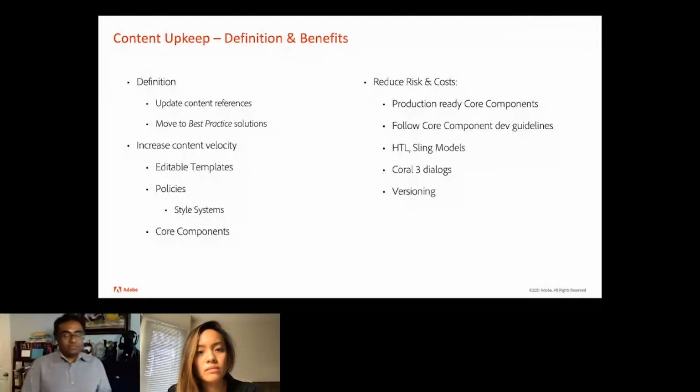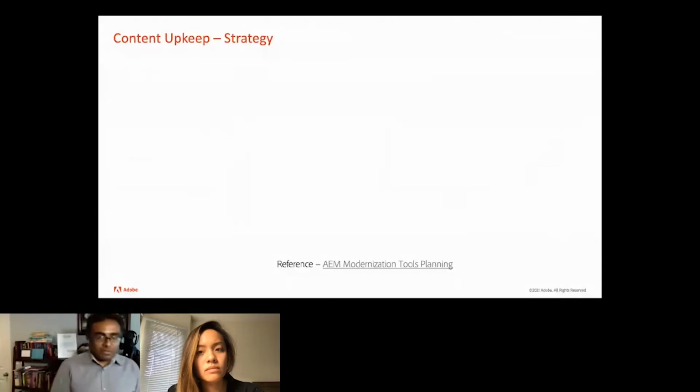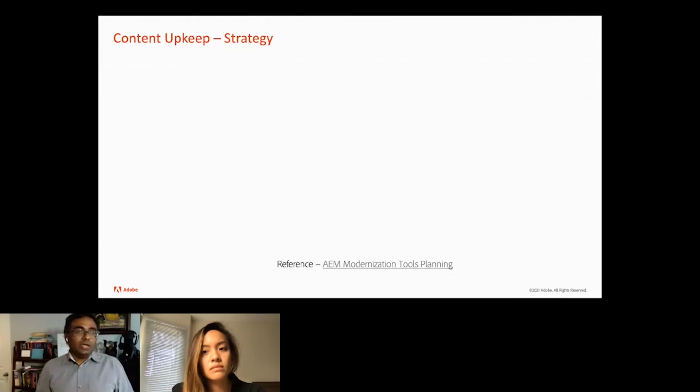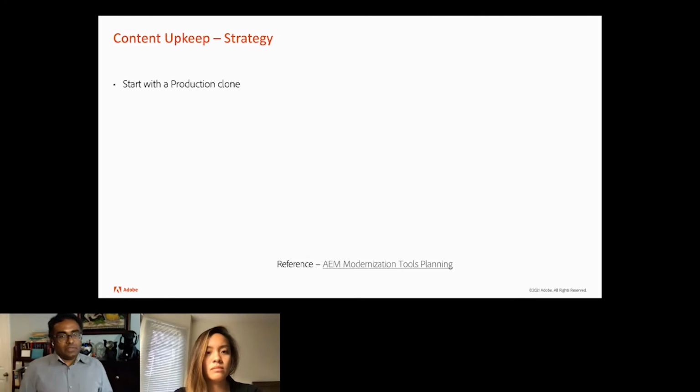Moving on, a modernization effort or content upkeeping effort is something that should be thoroughly planned before executing. Therefore, it is important to have a strategy in place. Let's review some recommendations, and the first one is I would consider starting with a production clone. There are two primary reasons.